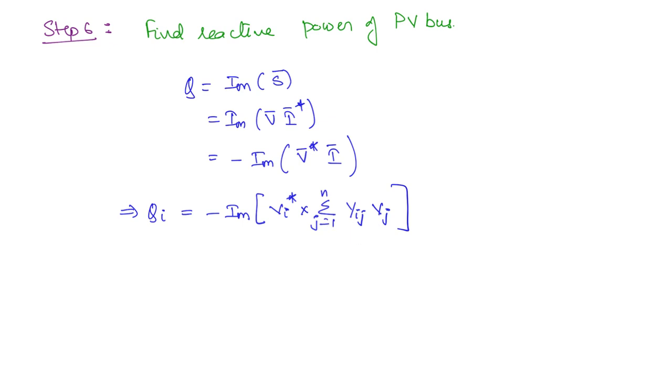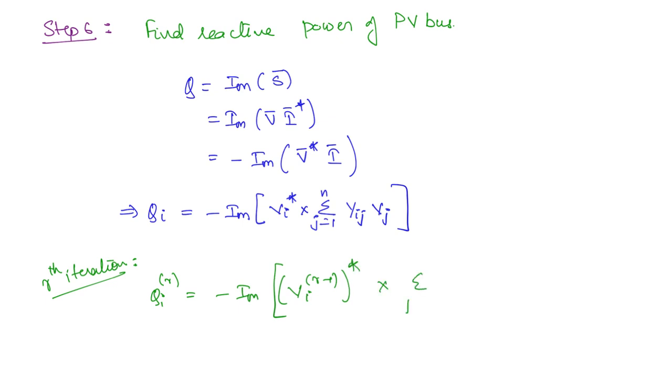So for an ith PV bus, the rth iteration gives you Qi of r equal to minus the imaginary part of Vi, r minus 1th conjugate (the r minus 1th iteration of voltage you have to take), into sigma j equals 1 to n Yij Vj, r minus 1th iteration.